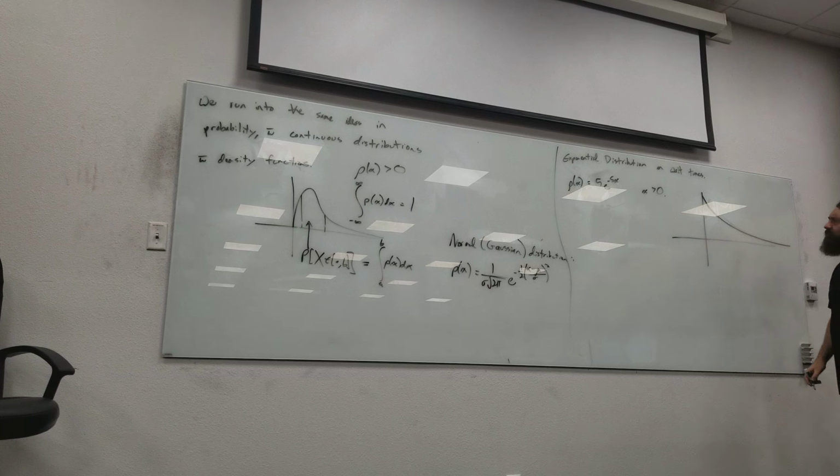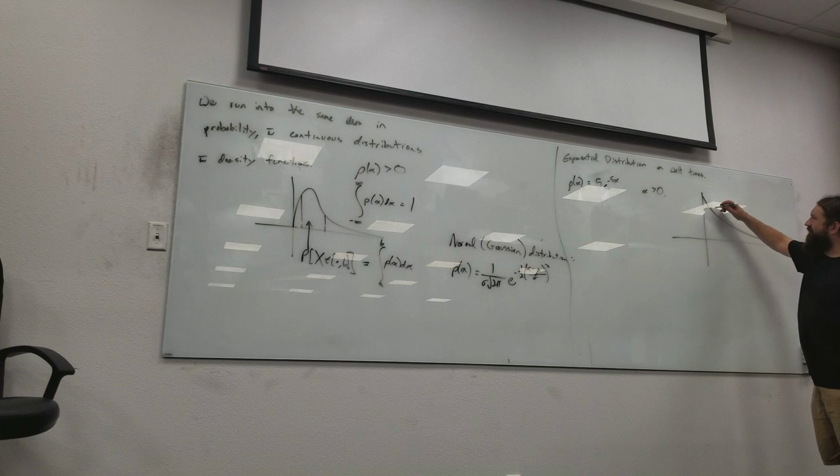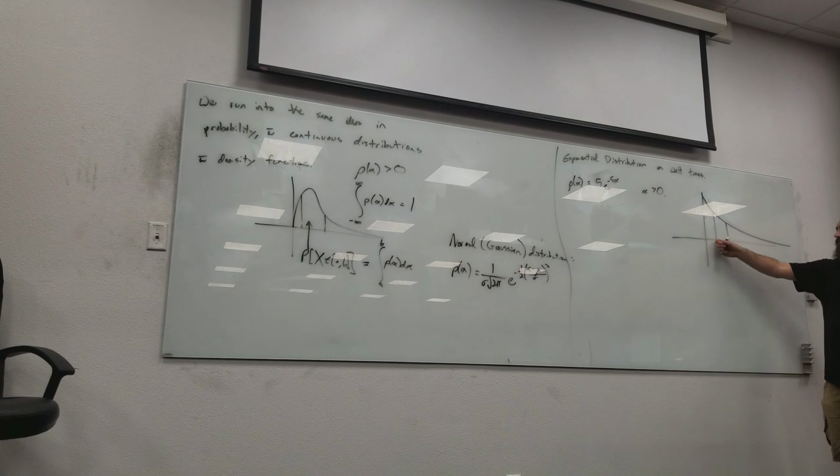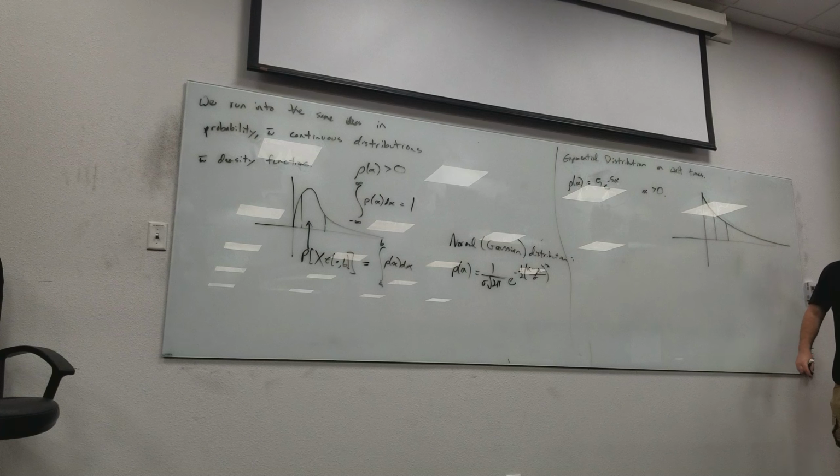Looks like this. And it's saying the probability that my wait time is in between these two should be the integral from here to here of that density function. That's what it means. So you've got very small probabilities of very long wait times, right? So the probability that I wait more than 100 years would be the integral from 100 years to infinity of this, which is small, but positive.